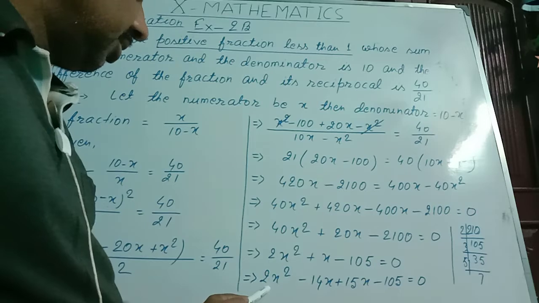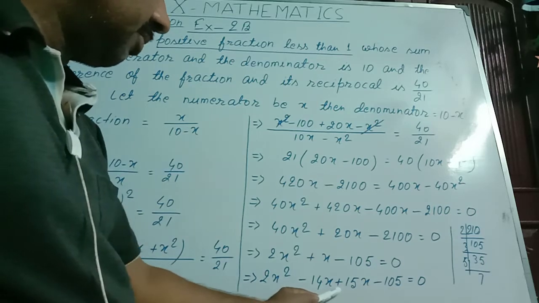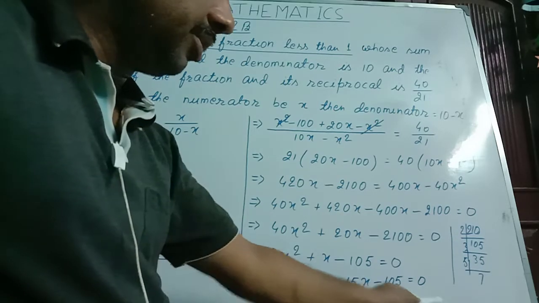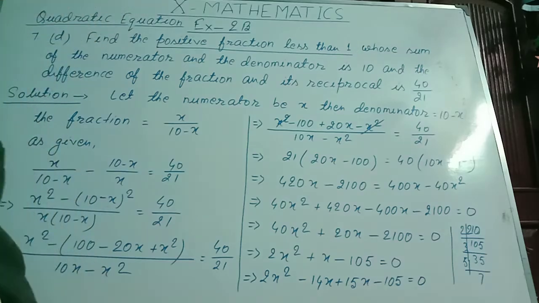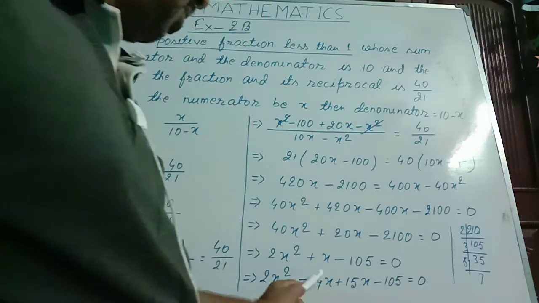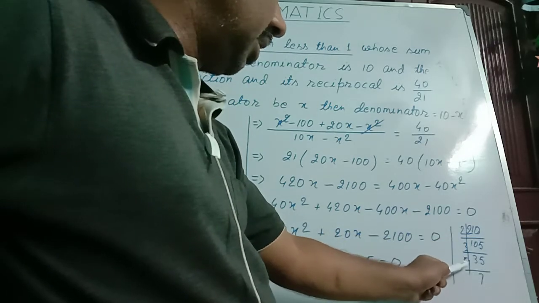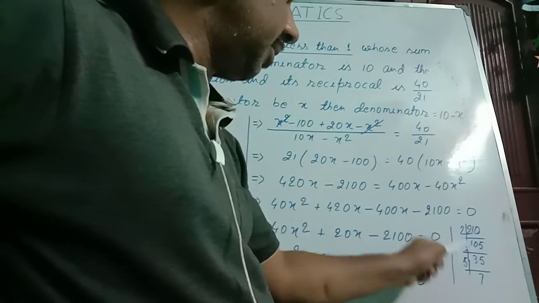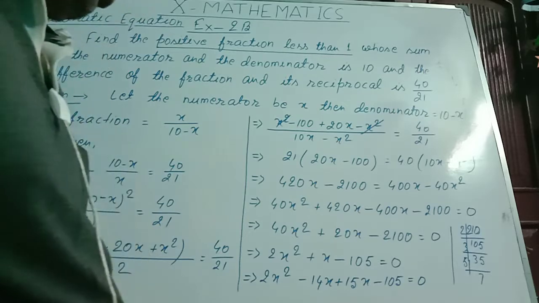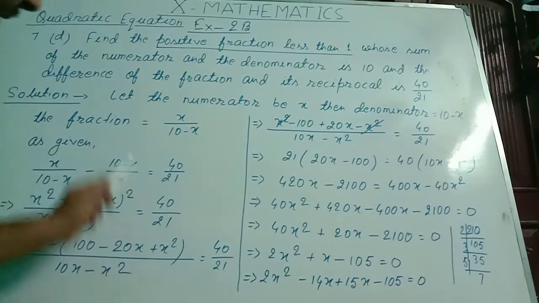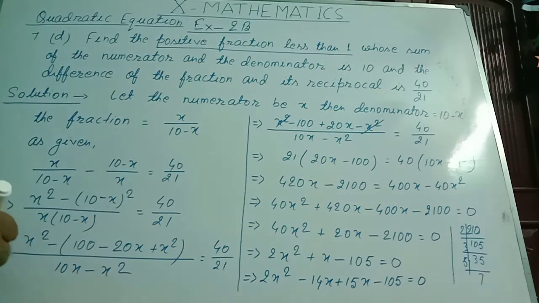So this equation is now 2x square minus 14x plus 15x minus 105 equal to 0. This prime factorization is done for the splitting: 5 3s are 15 and 7 2s are 14. Now I don't have space, so I shall erase this portion.